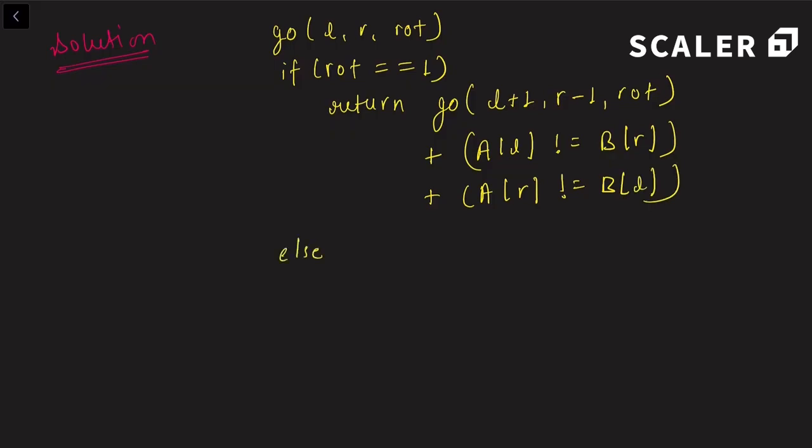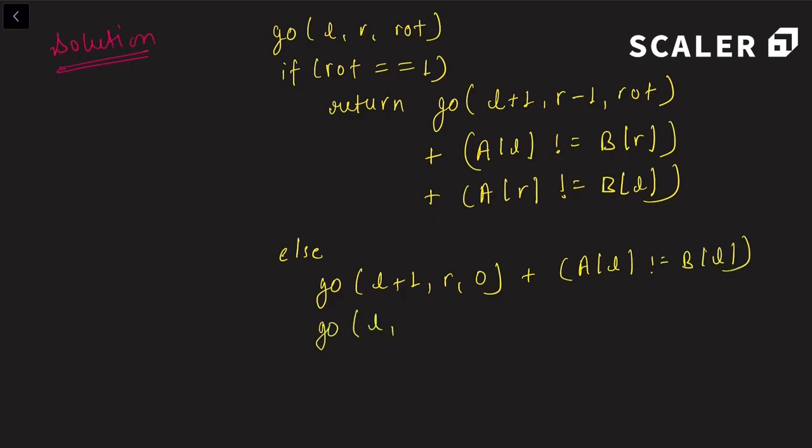Otherwise, we'll have three cases. We can do go L plus 1 to R with 0, plus we'll compare the first character with the first character of string B, right? And I can do the same for the last character as well.